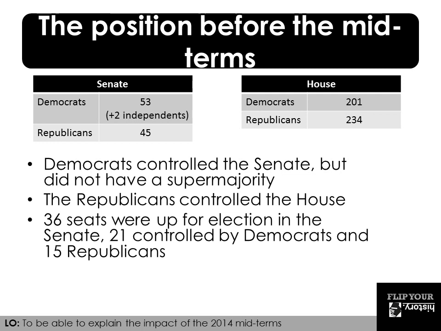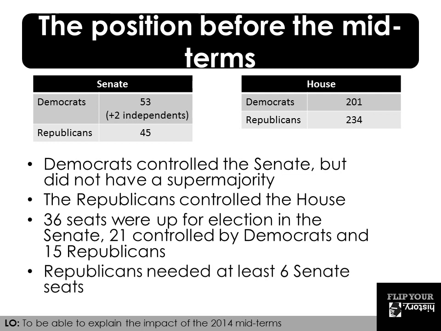Now in this election, 36 seats were up for election in the Senate, 21 of which were controlled by Democrats and 15 controlled by Republicans. And the Republicans needed at least 6 Senate seats to take a majority and seize control of the Senate.